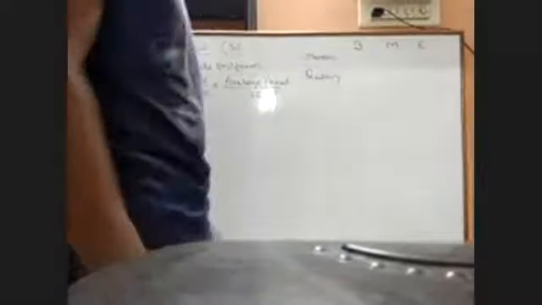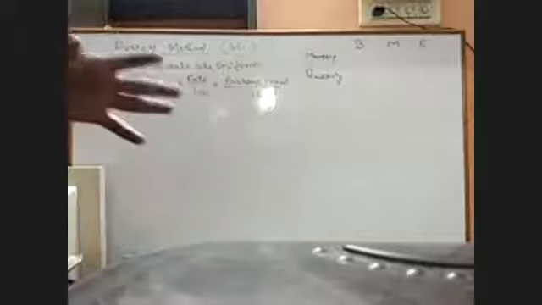The first quarter will be April, May and June, 3 months equal to 1 quarter. Then July, August, September will be the second quarter. Then October, November, December the third quarter, and the fourth quarter will be January, February and March. So this is how we divide the quarters.